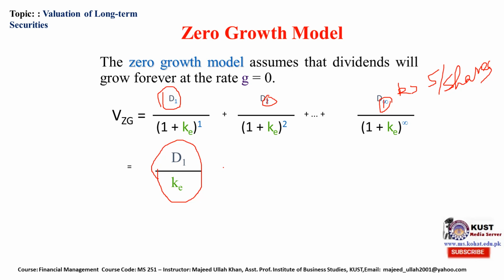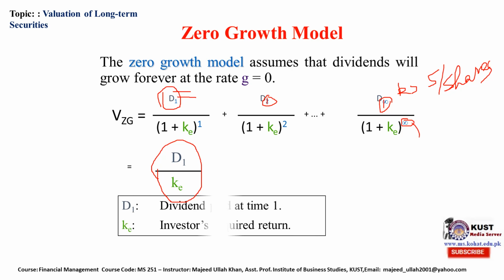Perpetuity means when you receive the same amount after equal intervals of time, forever, to infinity. So the formula is dividend paid at time 1, D1, and KE as the investor's required rate of return.